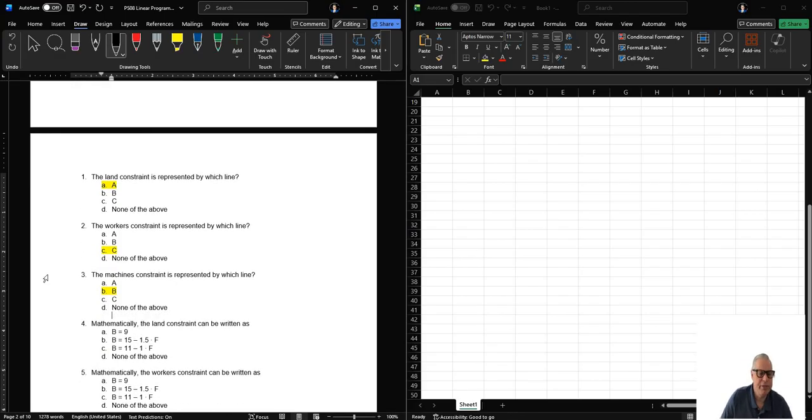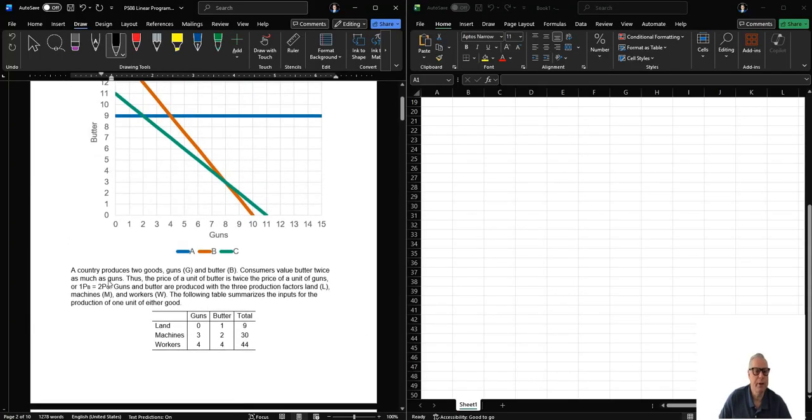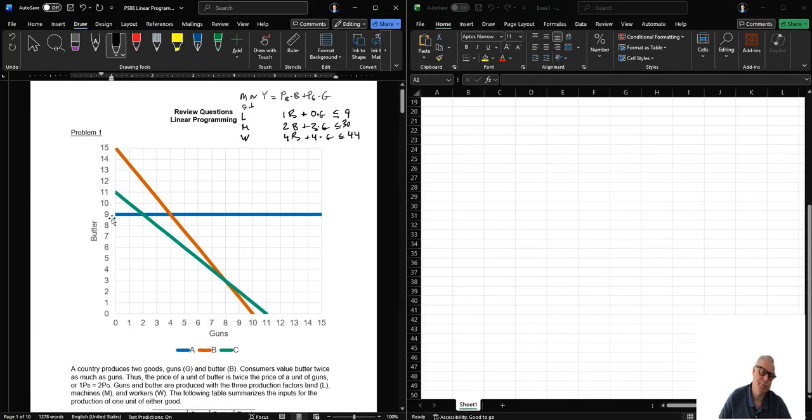So now mathematically, the land constraint can be written as B equals 9. Because we have only an intercept and no slope, the slope is 0, so B equals 9.